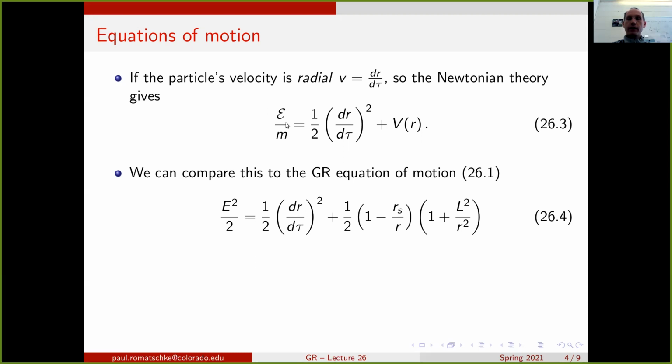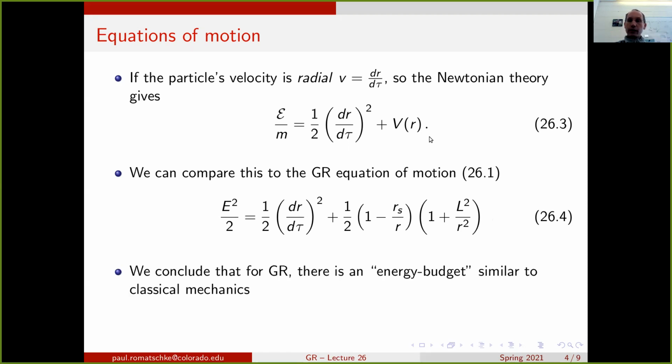So this E squared over 2 basically will have the interpretation of energy per mass. Then we have the 1/2 velocity squared term, which is the same. And then we have some term that depends only on r, which you can interpret as some kind of potential V(r).